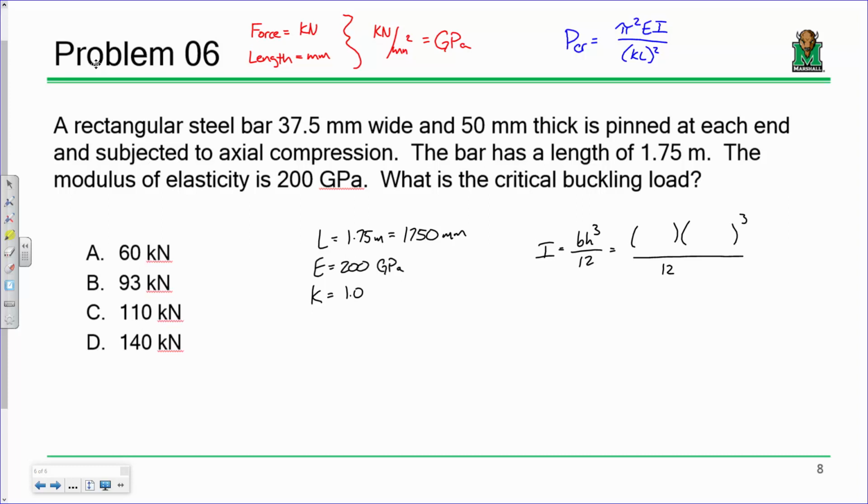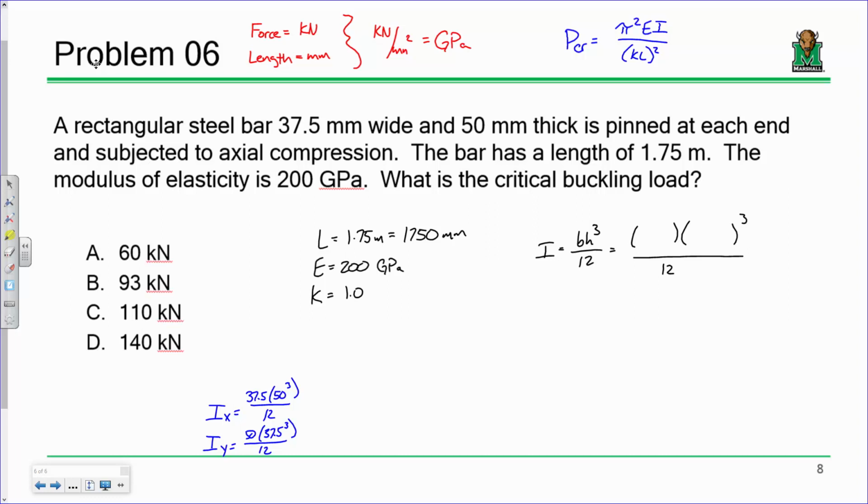How do you know which is the weak axis and which is the strong axis? The weak axis has a lower moment of inertia. So if I was looking at this cross section, Ix would be 37.5 times 50 cubed over 12, but Iy would be 50 times 37.5 cubed over 12. Remember, you flip the dimensions to get the moment of inertia about the other axis.